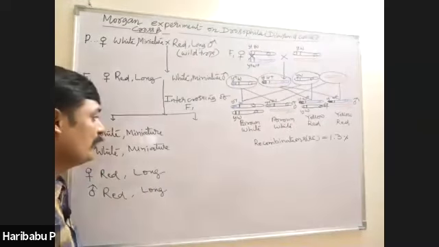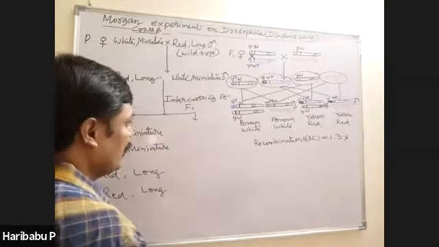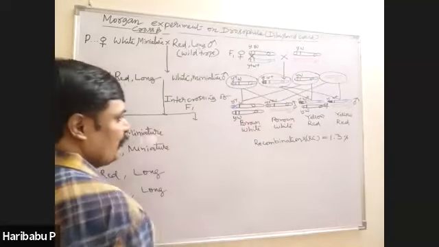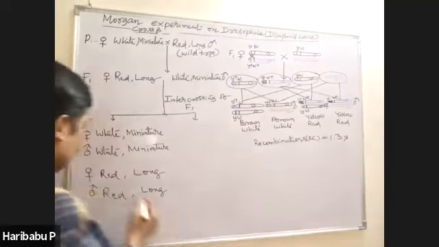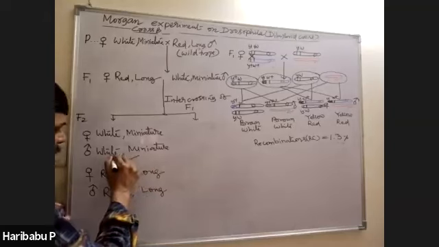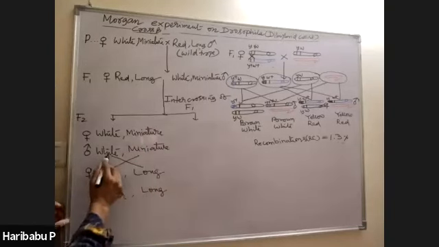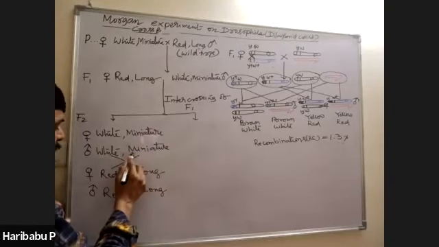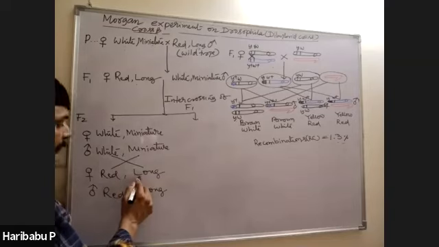And the recombinations, see here, are as in the previous cross. White miniature, parent type. Red long, parent type.